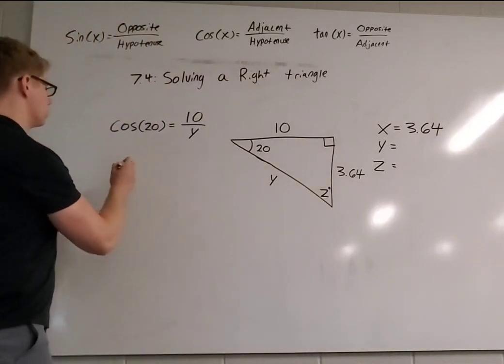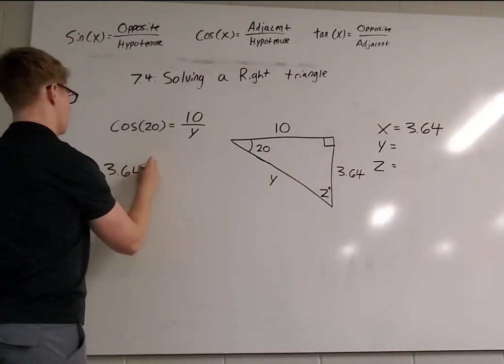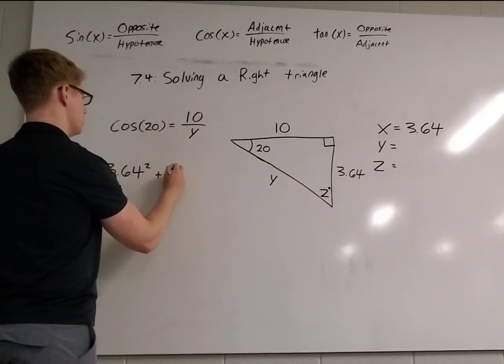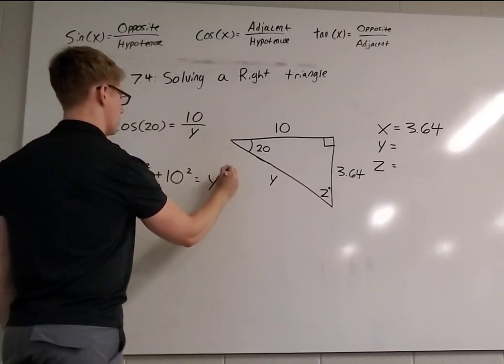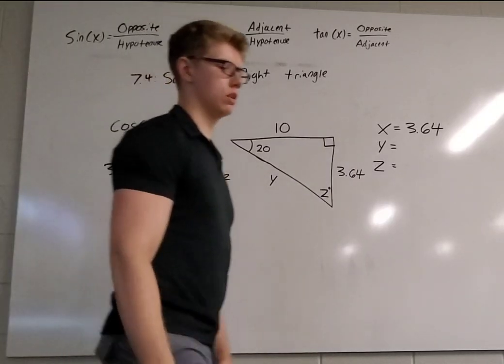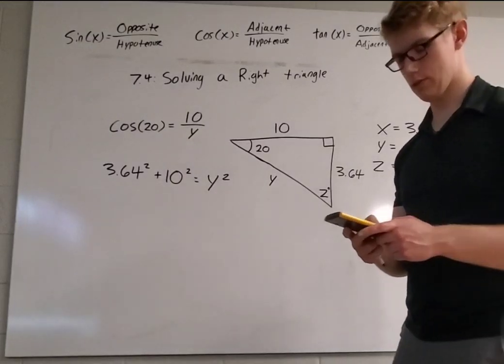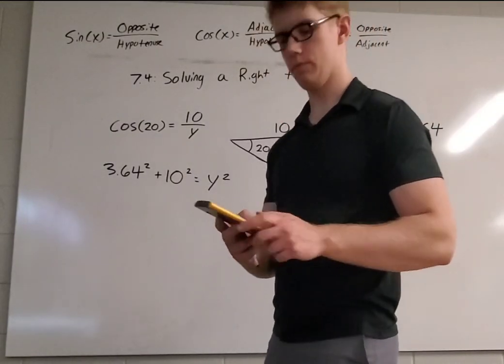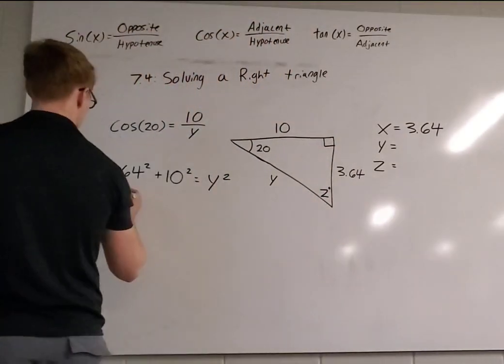So I could do 3.64 squared plus 10 squared is equal to that c squared, or in this case we have a y. I don't know what 3.64 squared is off the top of my head. I'm going to do that right now. It gives us 13.25.